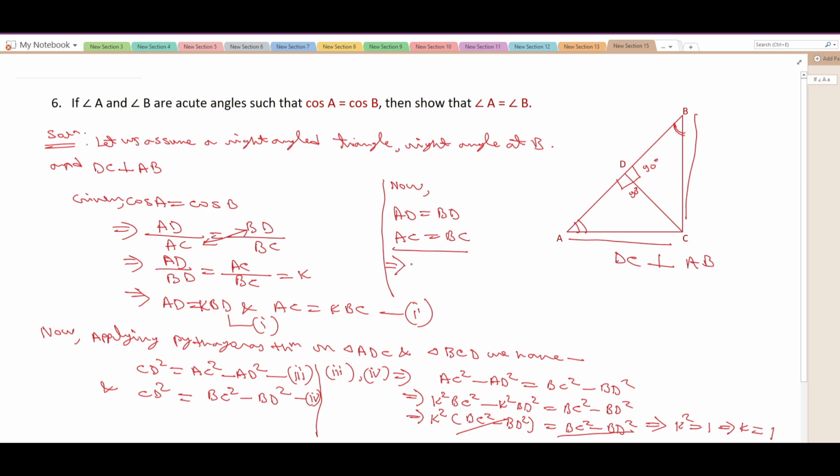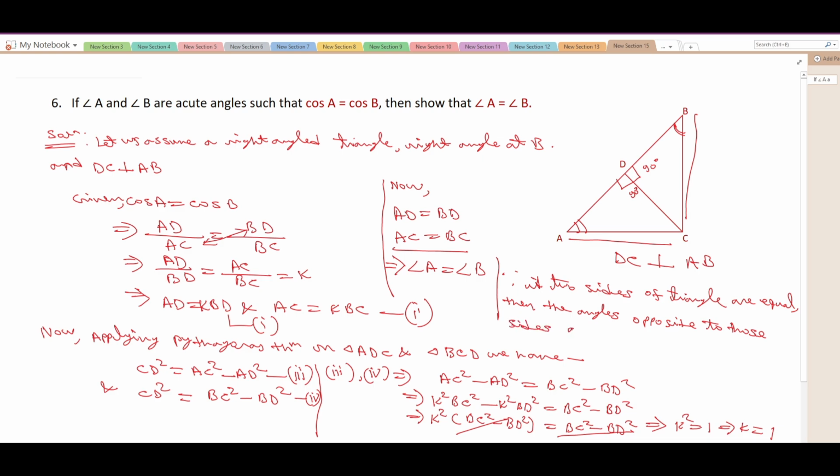From this we can write angle A equals angle B. Since if two sides of a triangle are equal, then the angles opposite to those sides are also equal.